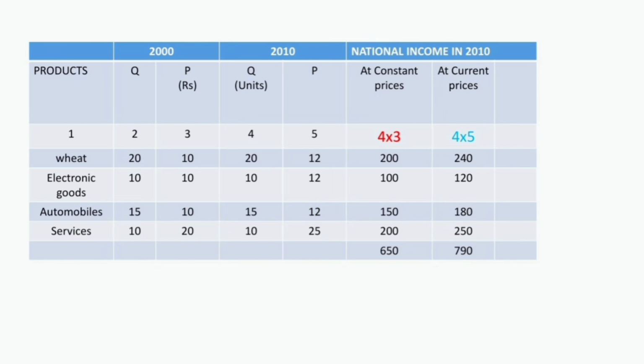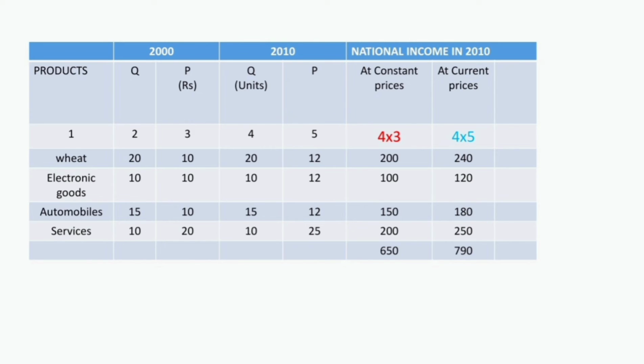The price and quantity of base year and current year both are given. See the quantity. There is no change in the quantity of the products: wheat, electronic goods, automobiles and services. Wheat is 20 units, and in 2010 also it is 20 units.